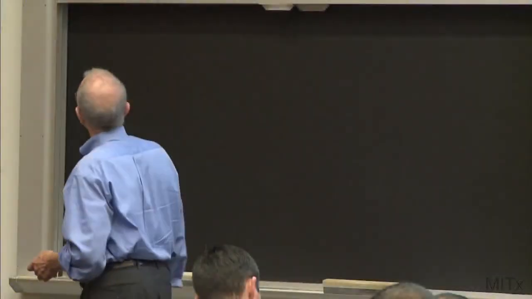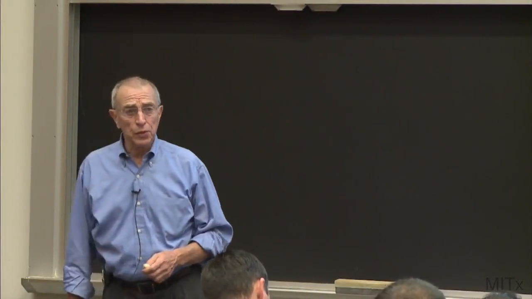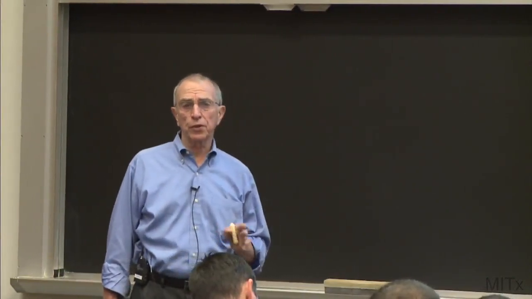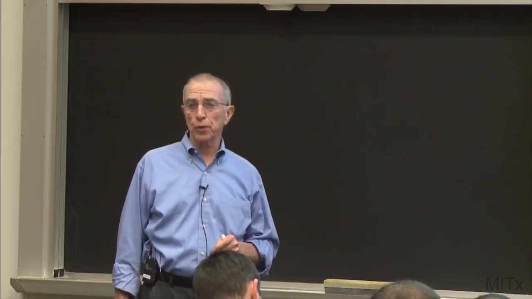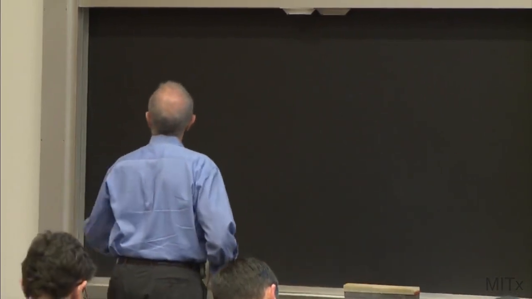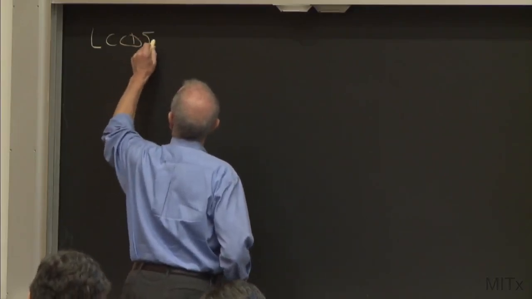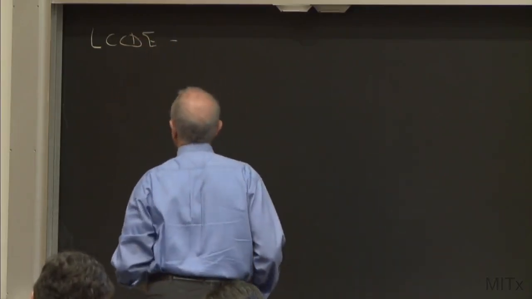A lot of the systems that we'll be talking about are systems that are characterized by linear constant coefficient difference equations. What does a linear constant coefficient difference equation correspond to?